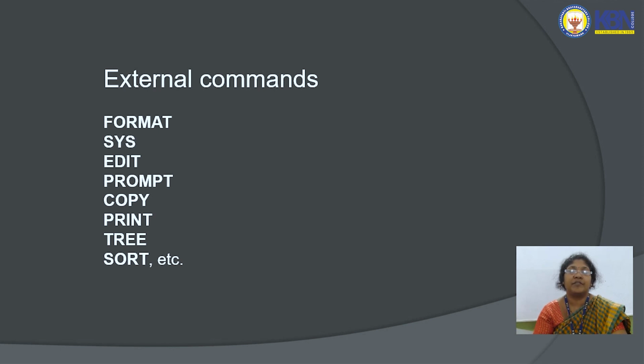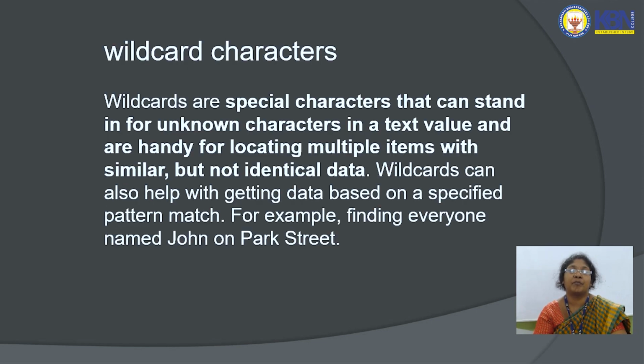Then SORT means ordering, like ascending order or descending order. So these are the external commands. Mostly DOS has both internal and external commands. After that, we go for the next one.